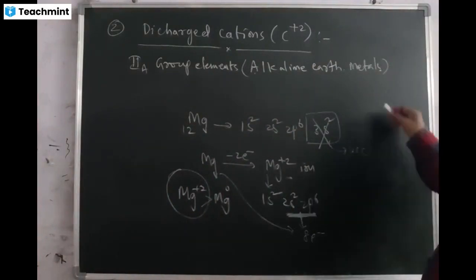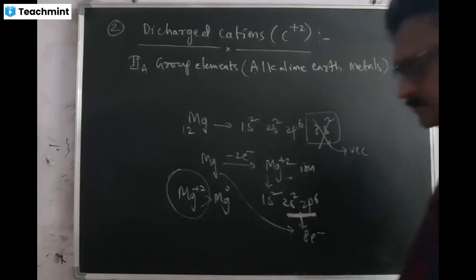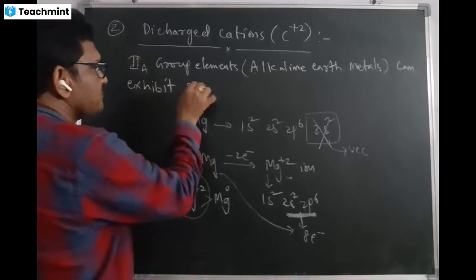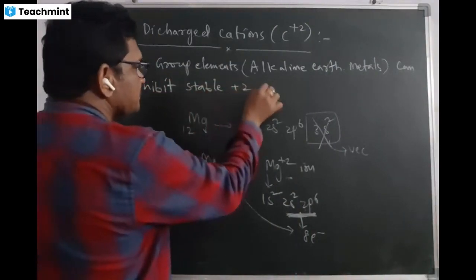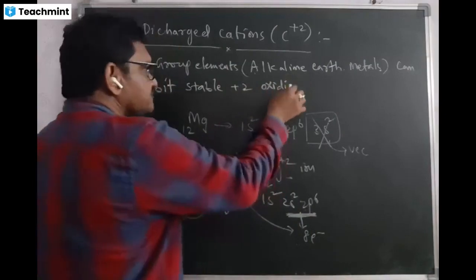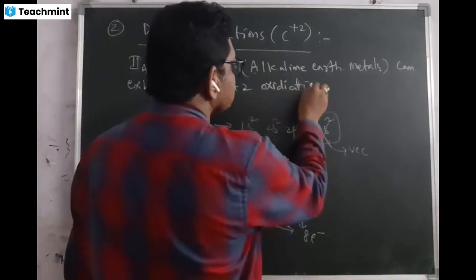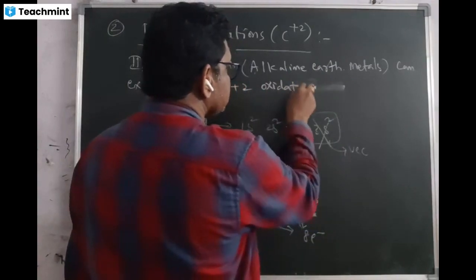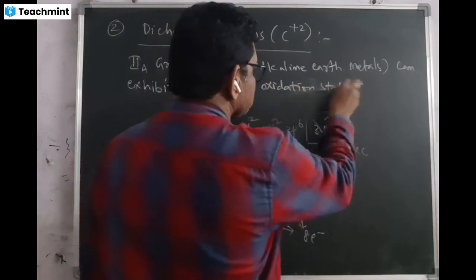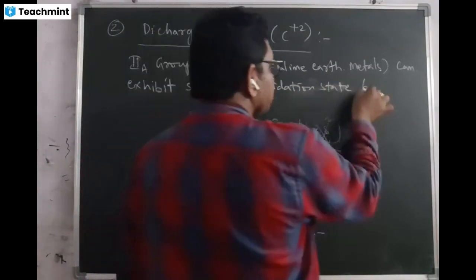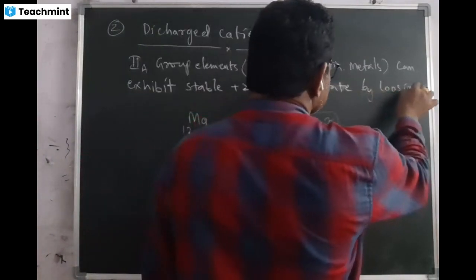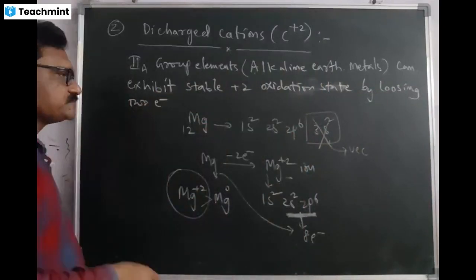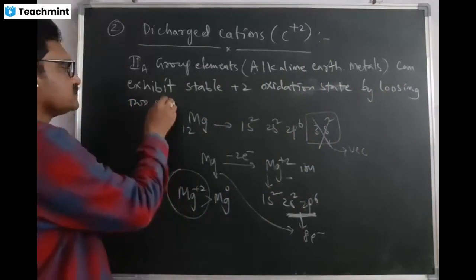Second A group elements can exhibit stable +2 oxidation state by losing 2 electrons.